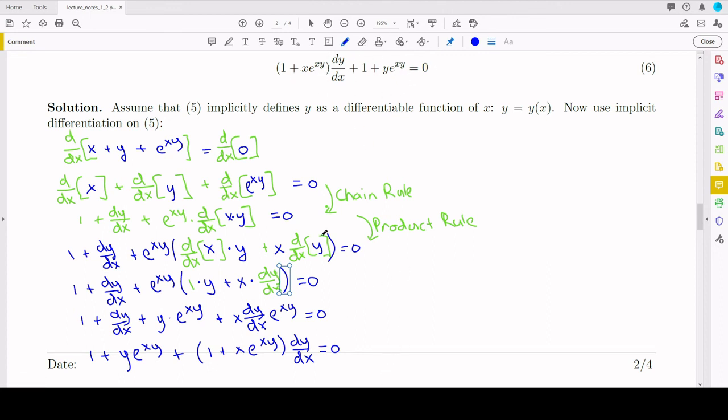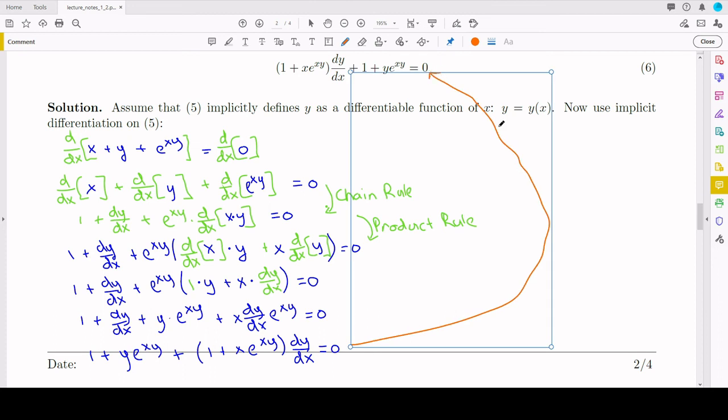So note that this is equal. And that means that our implicit function is a solution to this differential equation.